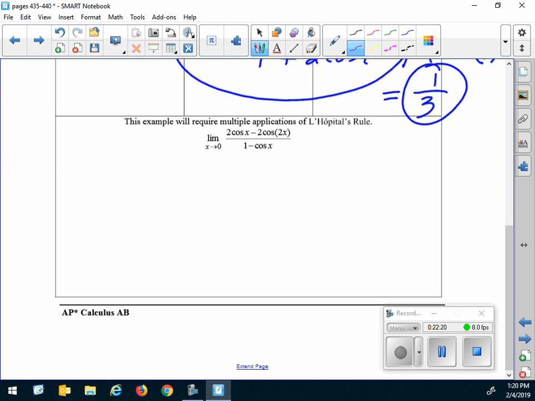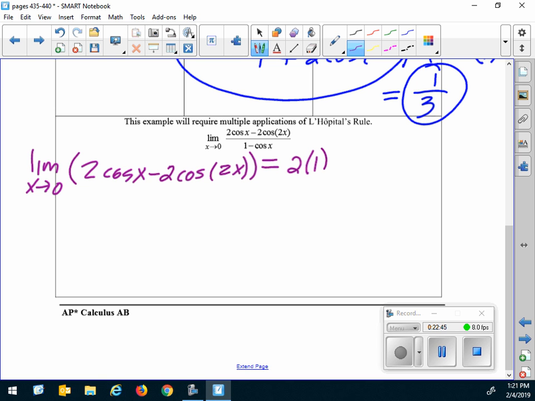Here we go. No, we're not. 2 cosine x minus 2 over. Let's see what that is. 2 times the cosine of 0. That'll be 2 times 1, which is 2.